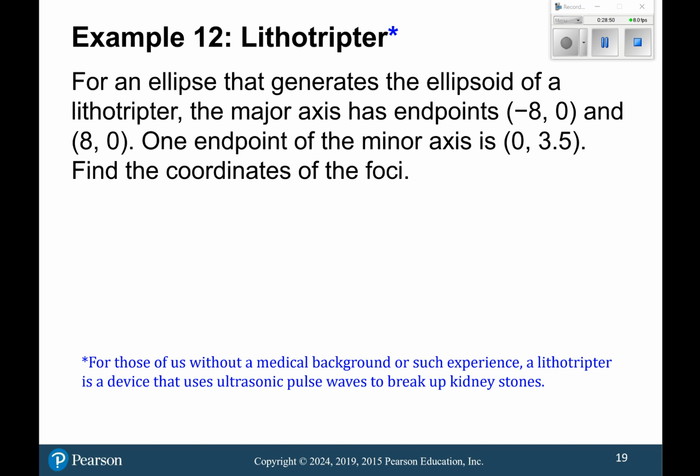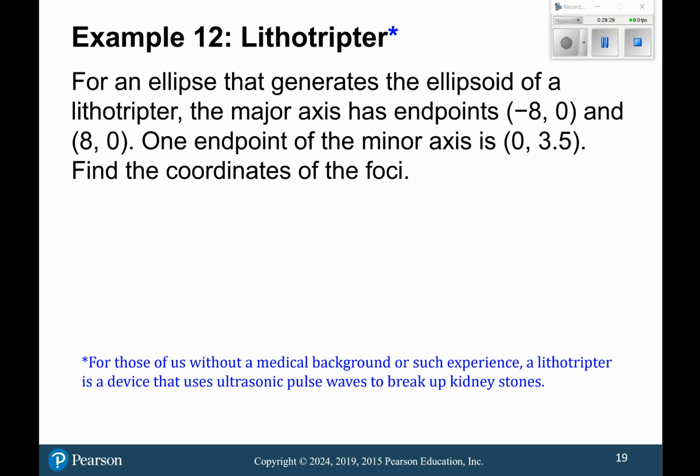Yes, they become very, very painful, especially if your body tries to expel it. Think about how your body filters things through your kidneys, and then how it then eventually exits your body. So a lithotripter will aim ultrasonic pulses at that kidney stone and break it up into itty bitty little pieces that should be easier to expel.